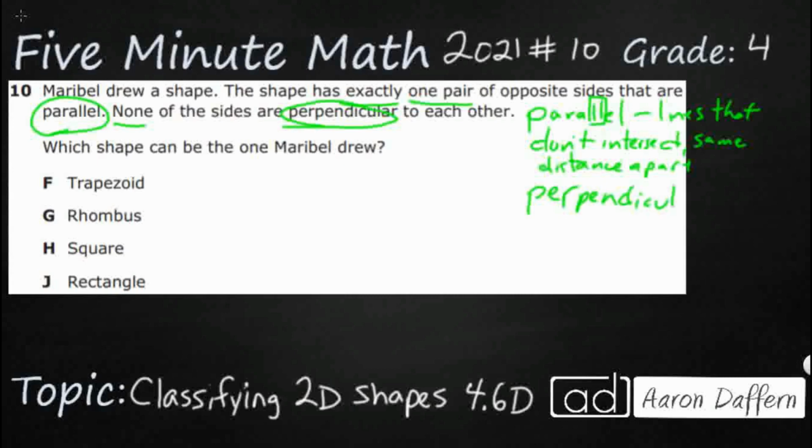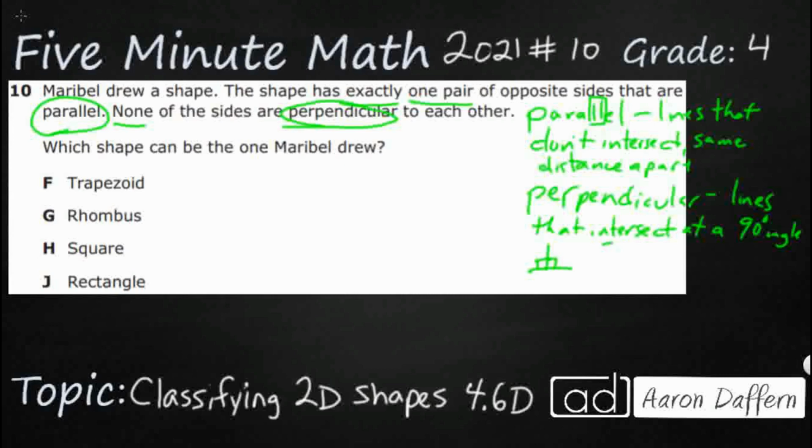And then we've got our perpendicular, and that's kind of a larger word. But perpendicular lines are lines that intersect, so they do touch, at exactly a specific angle, at a 90-degree angle. So an upside down T is actually our symbol for perpendicular, and look at how this line intersects and forms two different right angles.